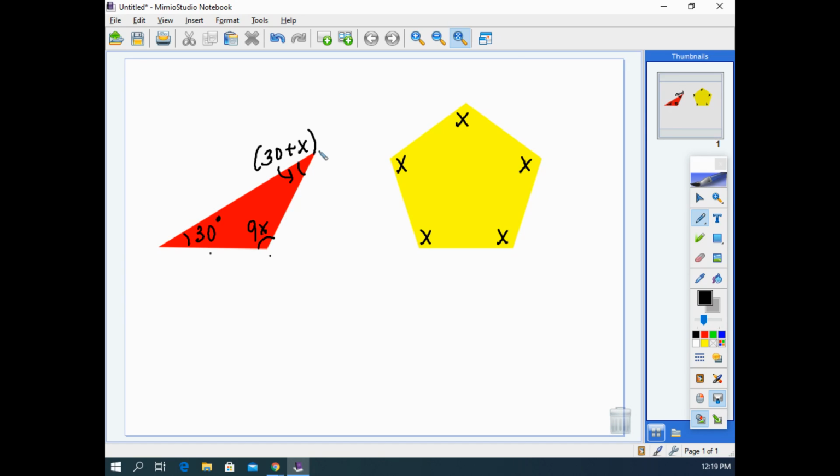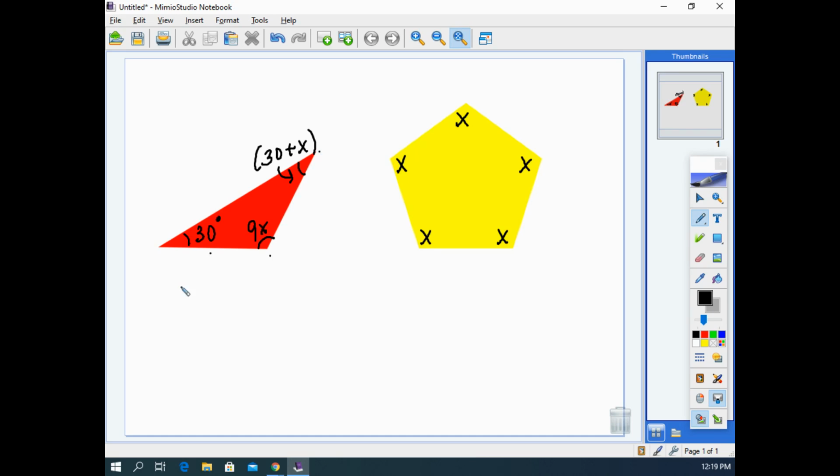So in order to figure out what each one of these angle measurements is, I need to figure out what x is. So I need to know that 30 plus my 9x plus my 30 plus x should all equal 180 degrees.